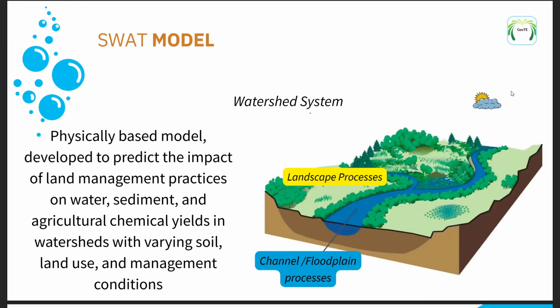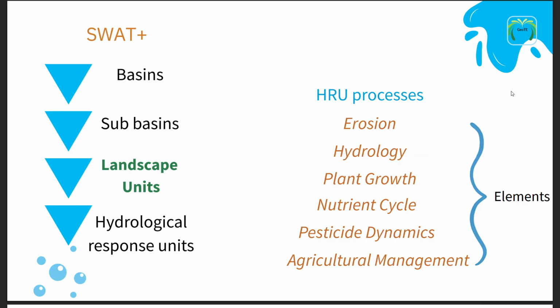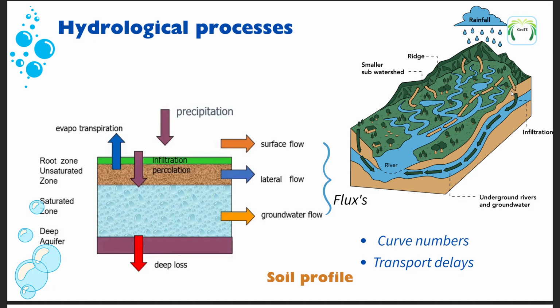All right, we touched bases yesterday on the SWAT model, and we saw some different processes from the landscape to the channel processes, and then we also saw a difference between the previous SWAT and the current SWAT Plus, which is the landscape unit, an added feature in the SWAT Plus tool.